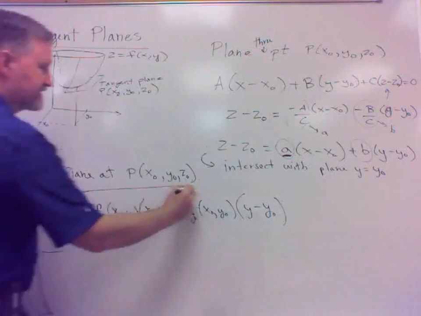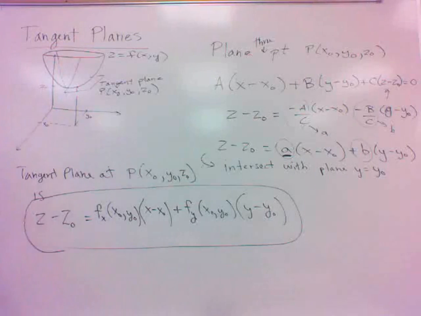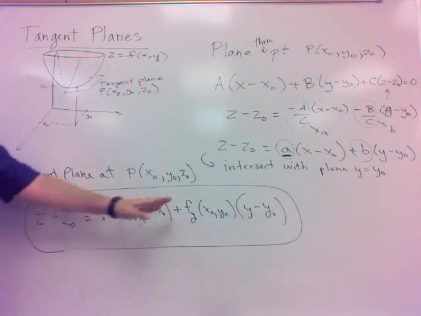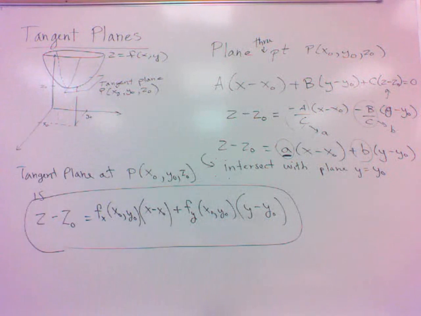So that's going to give us a tangent plane at any particular point for a surface, as long as these partial derivatives exist and are continuous near that particular value. All right.